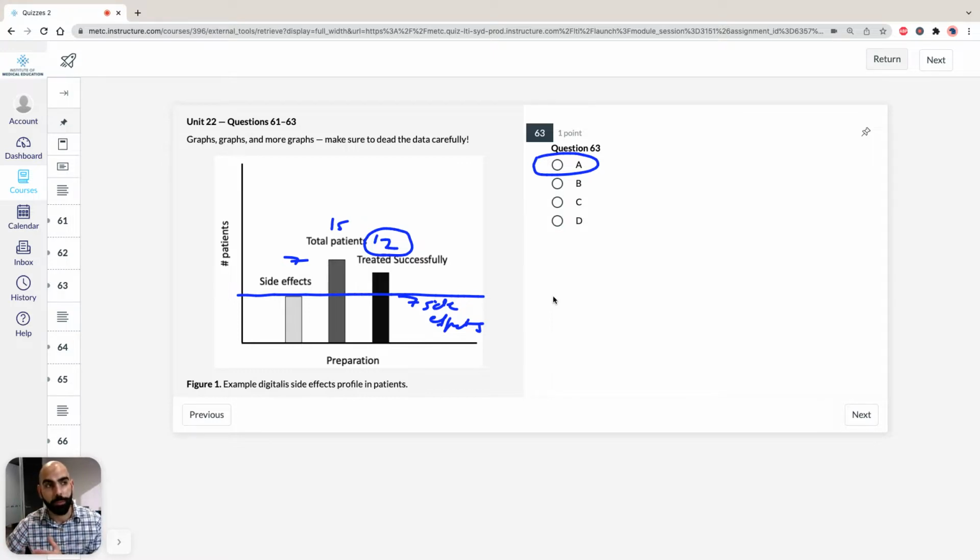Usually that's how it is for most drug experiments, especially for clinical trials, unless we're specifically told we want to compare the side effect profile between 2 drugs. Other than that, you just assume they're looking for if this drug is going to work in preventing the heart problem. Make sure you have a look at the graph, have a look at the questions relating to the graph, and read the data carefully, because if you don't, you might miss this and make a mistake.